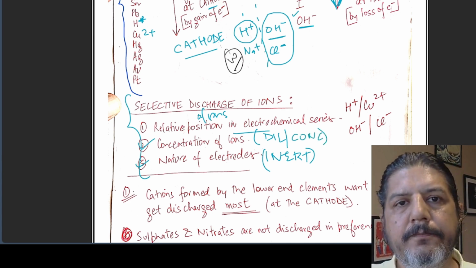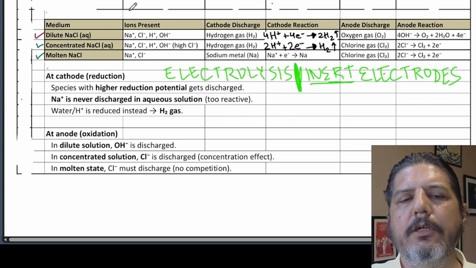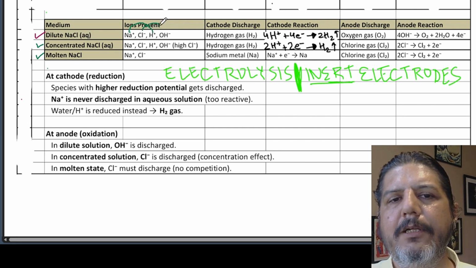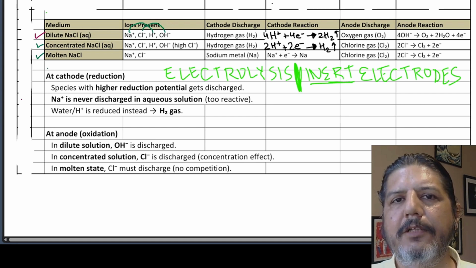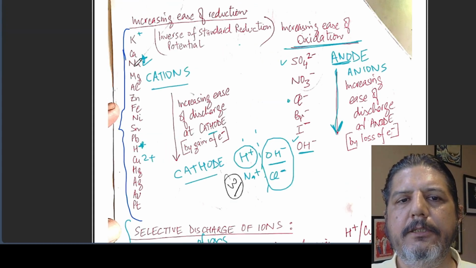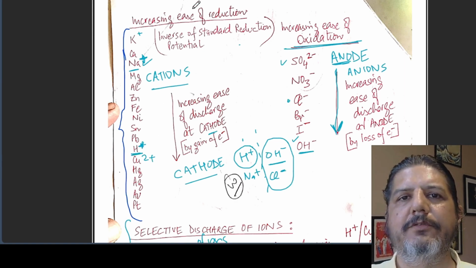So let's see. When I take dilute NaCl, these are the four competing ions. Na positive will be competing with H positive, and Cl negative will be competing with OH negative. Between Na positive and H positive, of course H positive will get discharged first.